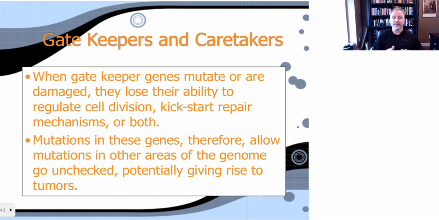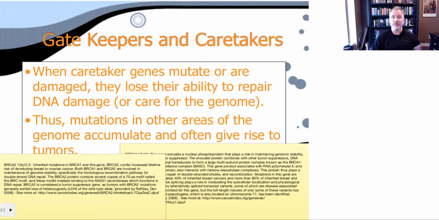So you can see that if these genes get mutated, and a mutation occurs in a different spot in the genome, there's no way to care for that, so to speak. So those mutations can start getting propagated, and if they don't go through the normal process of growth and repair, this is what's going to give rise to a tumor.